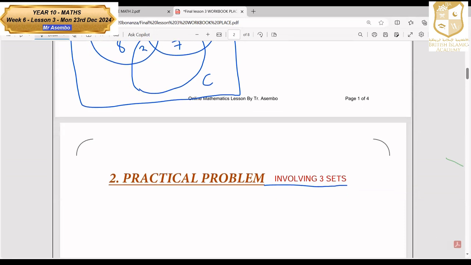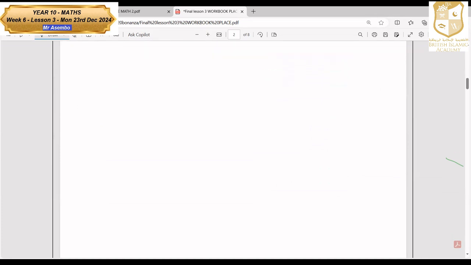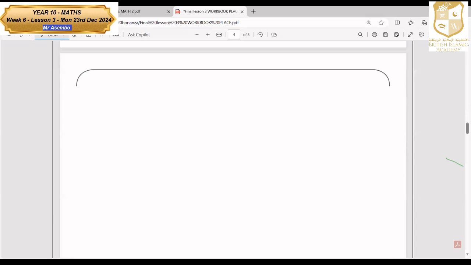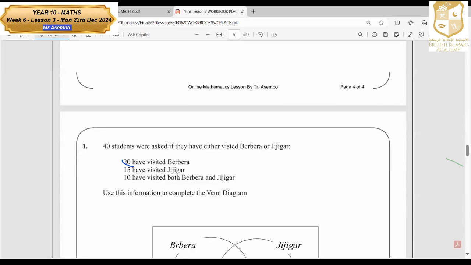Now, as you copy for that 1 minute, I want you to pick this question and write it somewhere. That's what we're going to start with. Write this question. 40 students were asked if they either visited Berbera or Jijiga. It is a 2 set, but we have to do 2 set, then we do a 3 set on it.